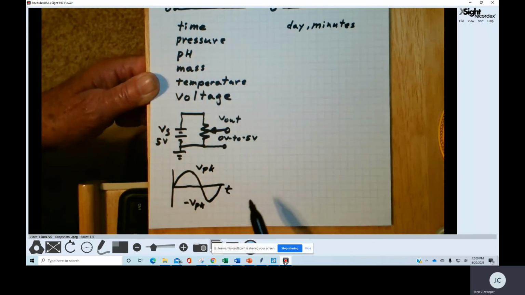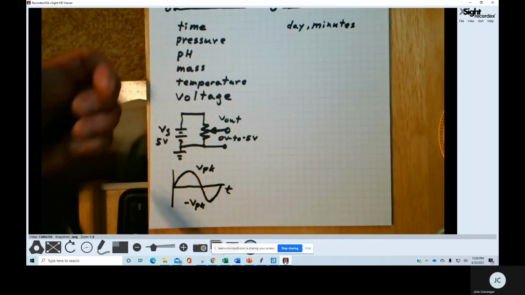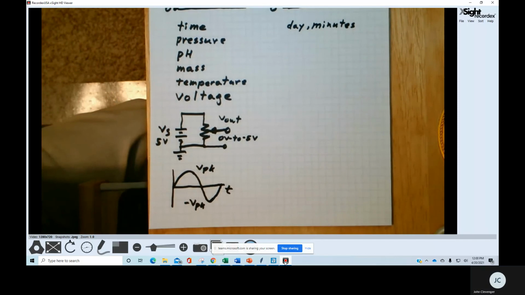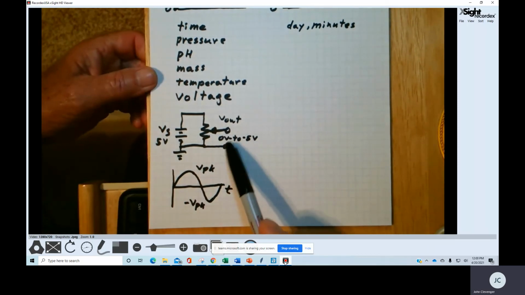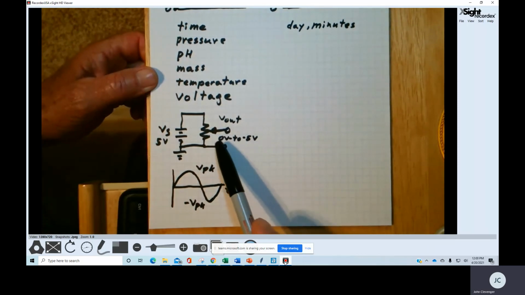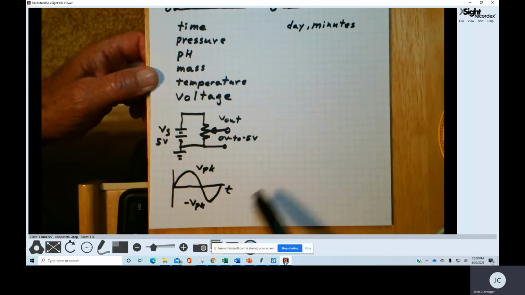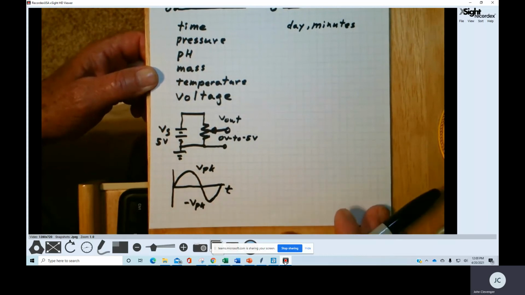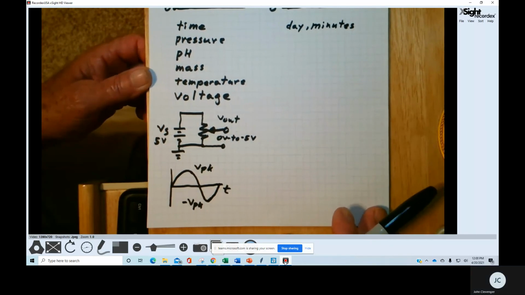So our analog quantities can be varied between 2 limits, and those limits are a function of the position of the potentiometer, or these voltages could vary as a function of time or be continuously varying.